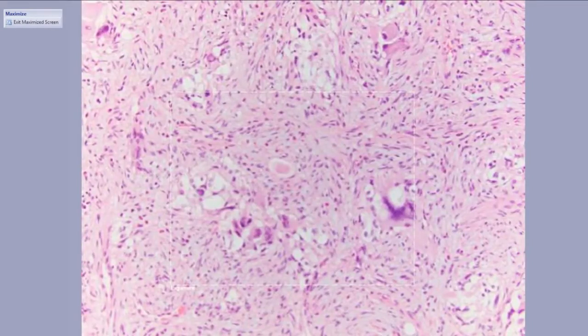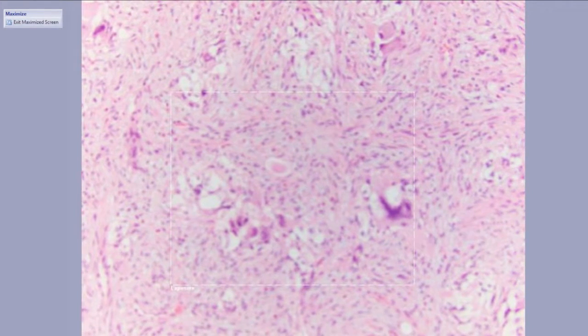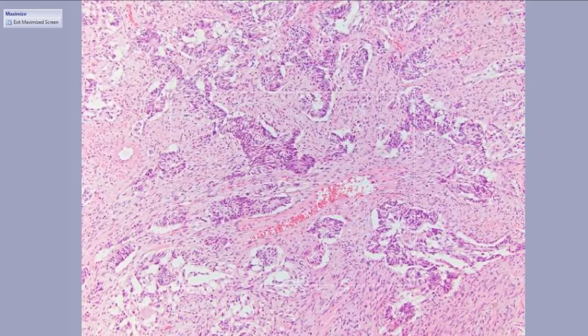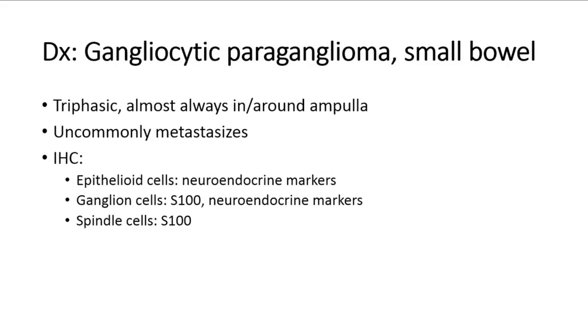There's one right here. Let me see if the green actually transmits a bit better, so go with that for the rest. So this is actually a triphasic neoplasm, an epithelioid component, a spindled component, and a ganglion cell appearing component. Almost always occurs in the ampulla, and this is known as a gangliocytic paraganglioma.